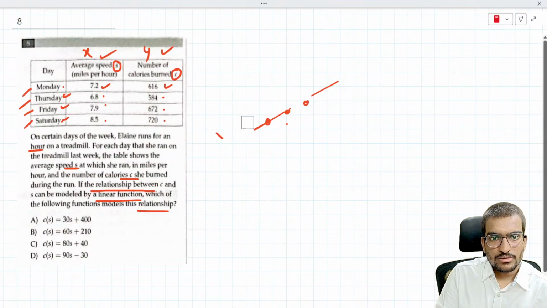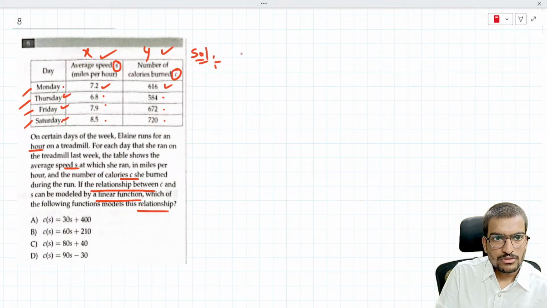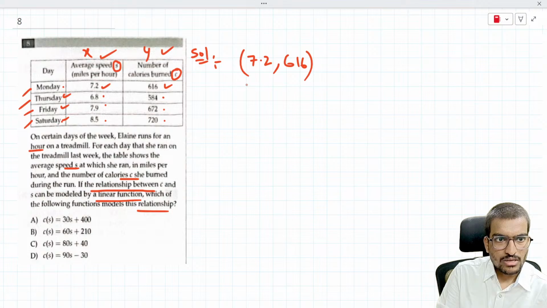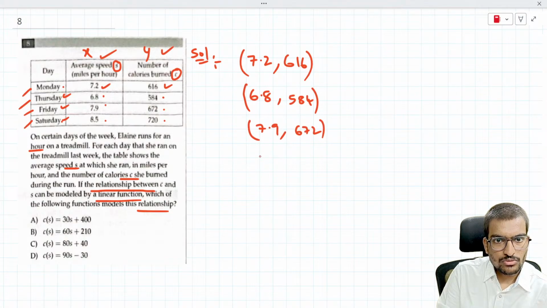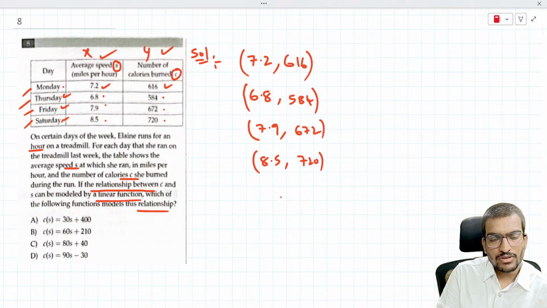Let me write the solution. So here, what are the points? 7.2, 616 is one point, and we have other points 6.8, 584, and then 7.9, 672, and 8.5, 720. These are the given points.